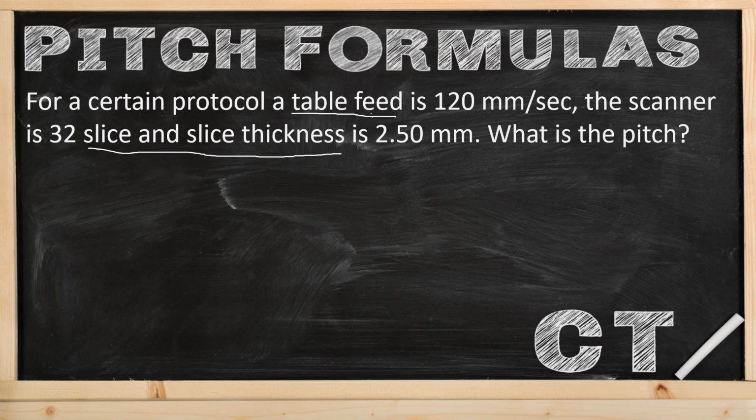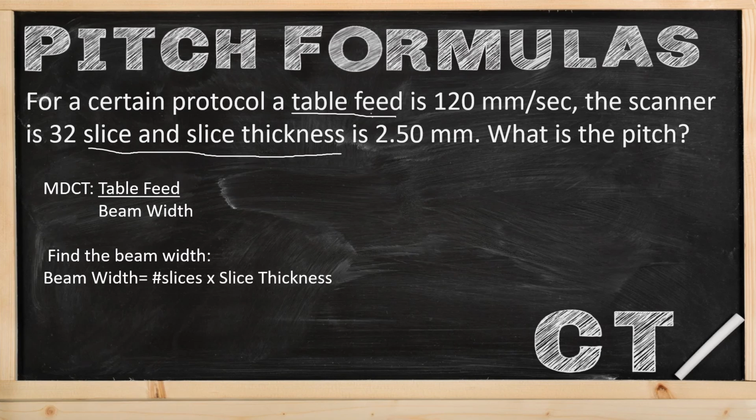Therefore, we know that this will be a multi-detector CT pitch problem. So we find the beam width, which is the number of slices times the slice thickness, which gives us a beam width of 80 millimeters. Our pitch for this particular problem will be 1.5.